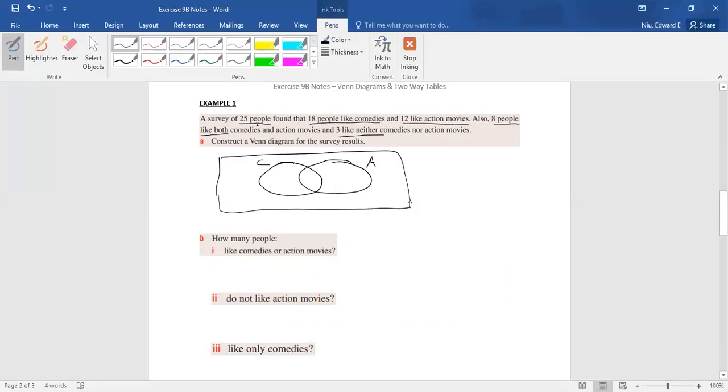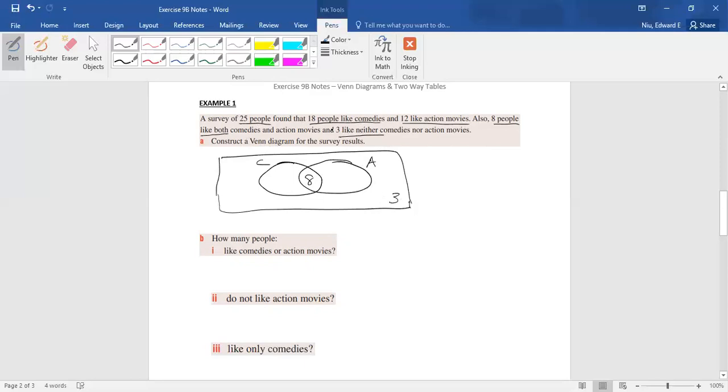The key to constructing a Venn diagram is you start in the middle and the outside first. So straight away, we know 8 people like both. That number goes right in the center of the Venn diagram, and we know that 3 people like neither. And that would mean these 3 would fall outside the Venn diagram.